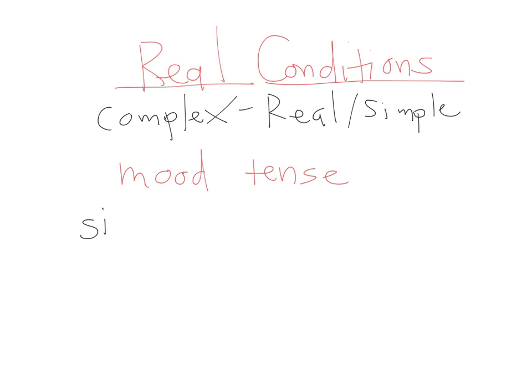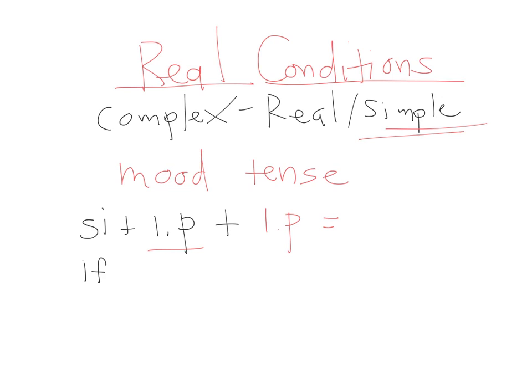The formula of a condition has to begin with the word if, which is si in Latin. The next thing in a real condition is that you'd have a tense, like the indicative present. If you have the indicative present, it must be followed by the indicative present. It's that simple. That's why they call them simple. And then you translate it very simply with two present tenses in the indicative mood.